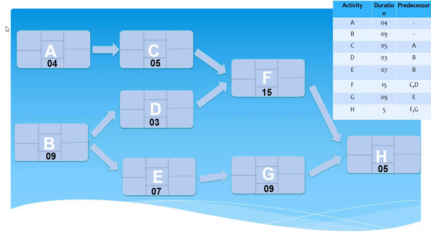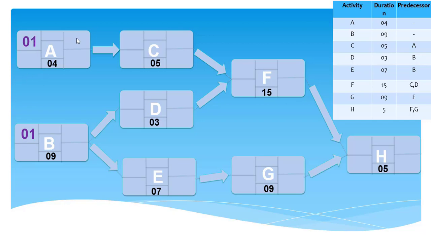Now next I'll just define the early start and the late start, early finish and the late finish of each activity. Let's suppose both of these activities have no predecessor, and these are just starting on the same date. Okay, so it could be day one. Okay, so early start of activity A is day one, and the early start of activity B is, sorry, day one.